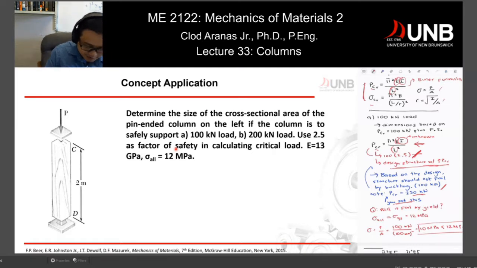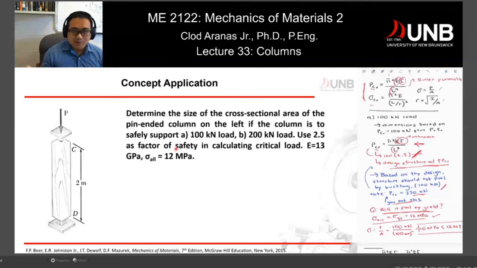Now, the reason that we did comparing it to our sigma allowable is that another question is, we are 100% sure it will not fail by buckling. Second question is, will it fail by yielding? To answer that question, you have to define your yield strength. So your yield strength, or your tau allowable in this particular case, is 12 megapascals. Now, what would be the stress associated with that?